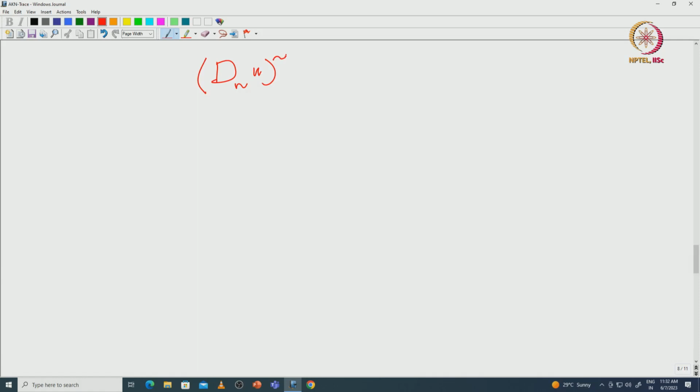So it's L tilde xi prime xn equal to dn of u tilde, xi prime xn, for xn positive. I am doing this only for xn positive in this case.